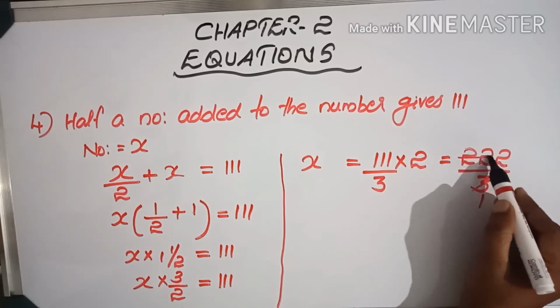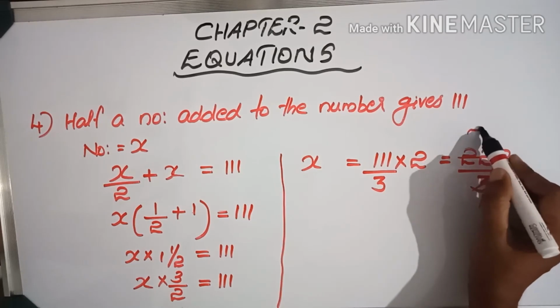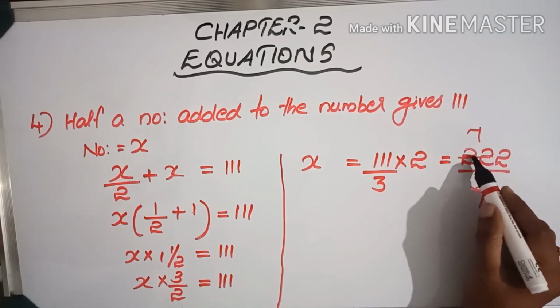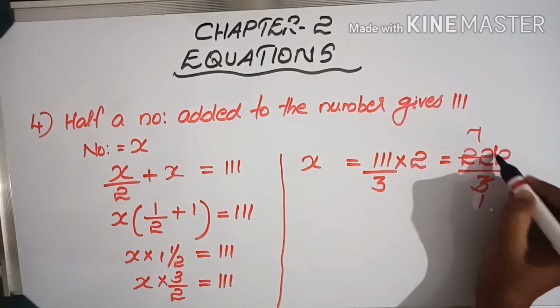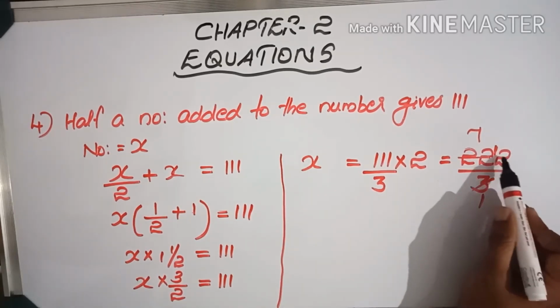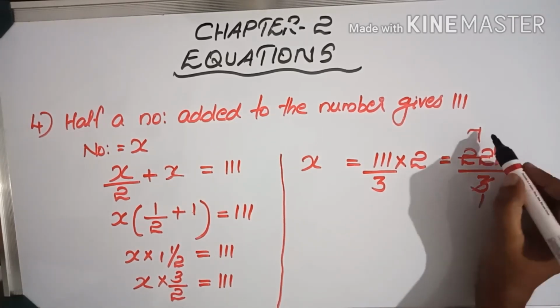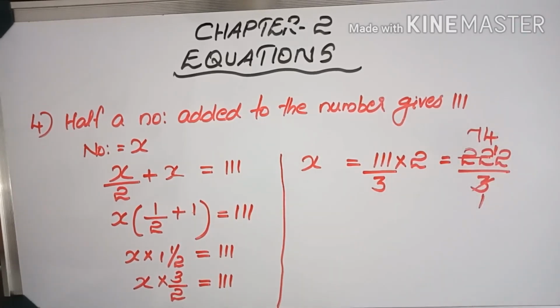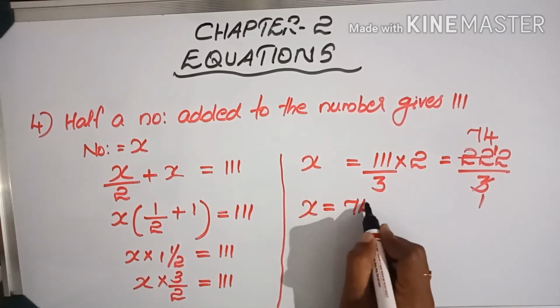In 22 how many 3s are there? 7 3s are there. 7 3s are 21, so balance is 1. Take that balance 1 along with 2, that is 12. In 12 how many 3s are there? 4 3s are 12. So the answer is 74. That means the number is 74.